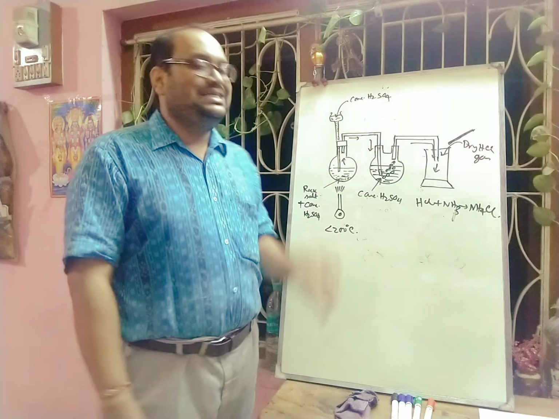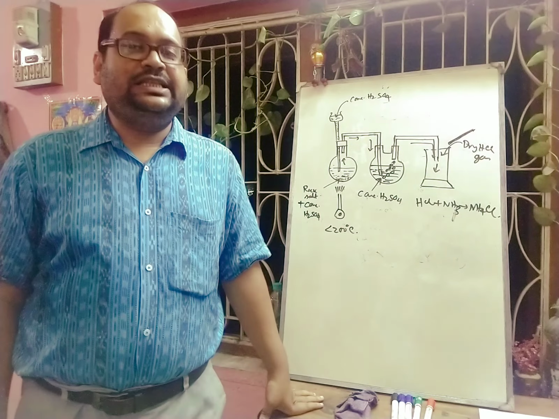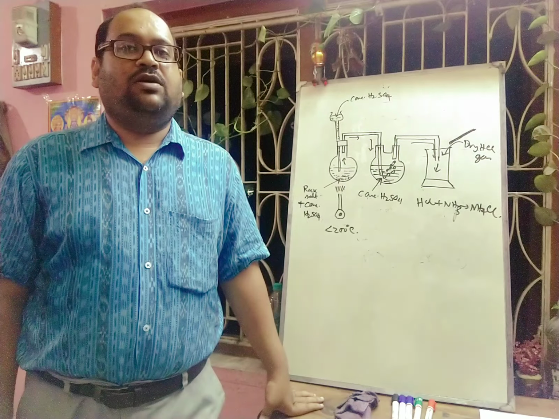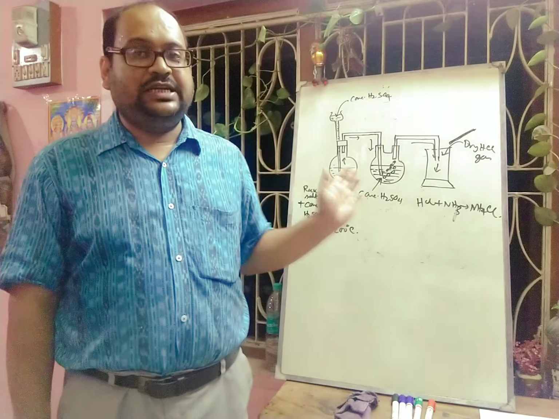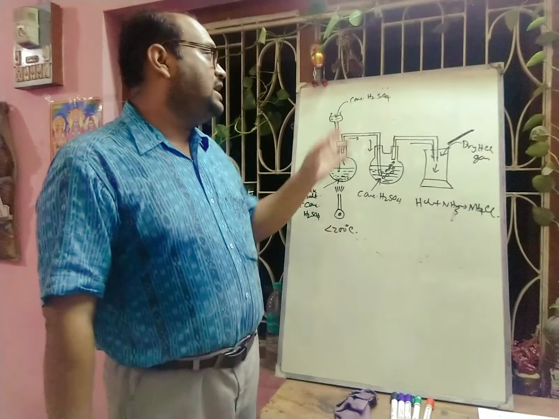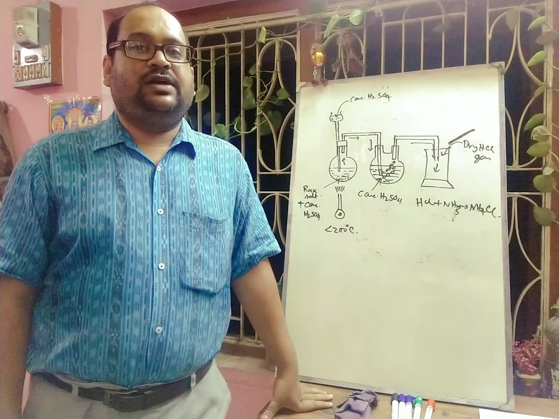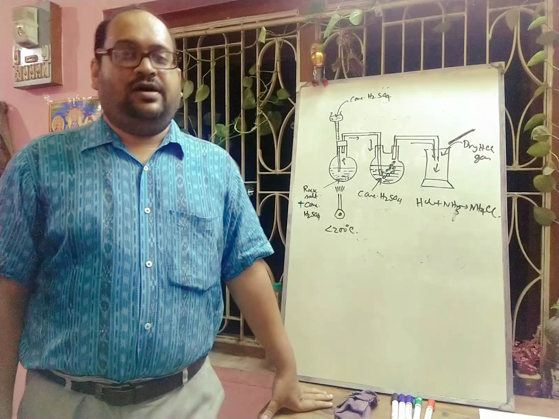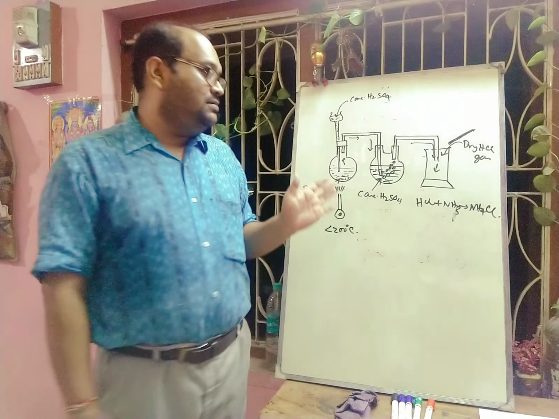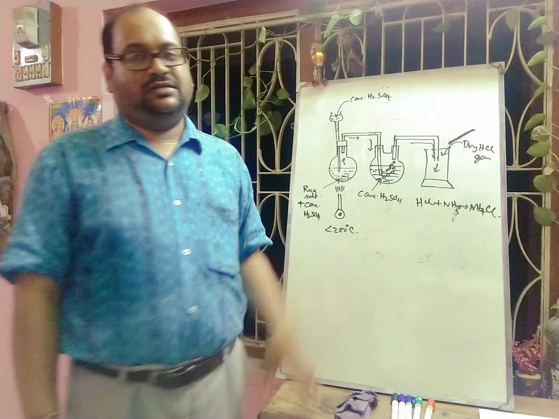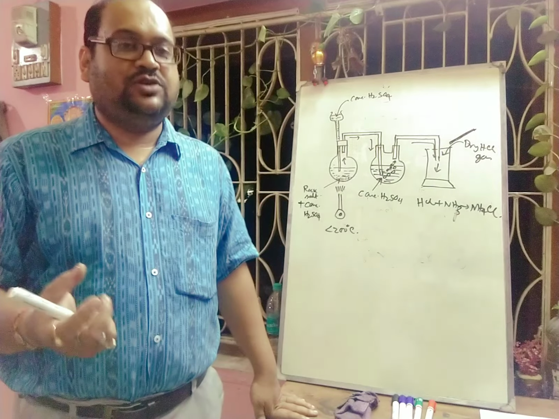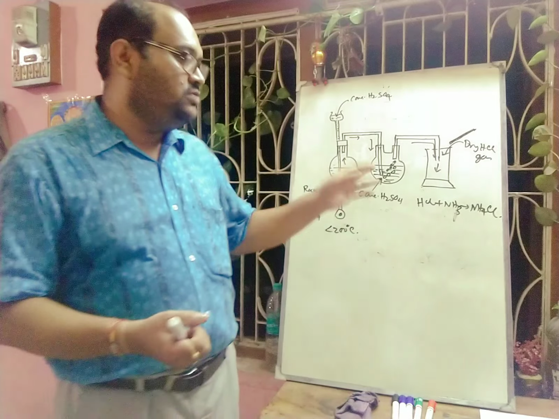If we use concentrated nitric acid to dry the gas, or to prepare the HCl gas, then what will happen? Concentrated nitric acid is volatile and has no moisture absorbing ability, so it is not used for drying.